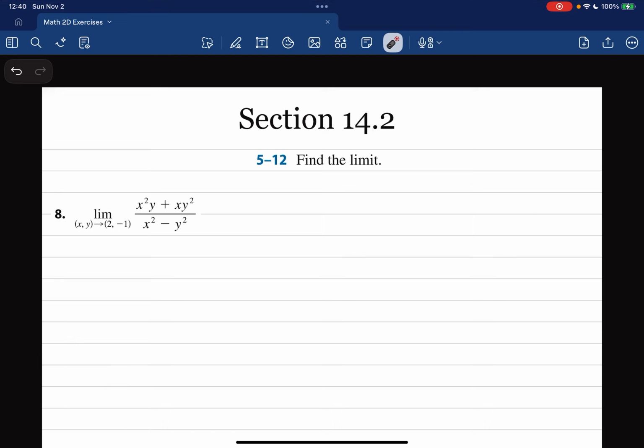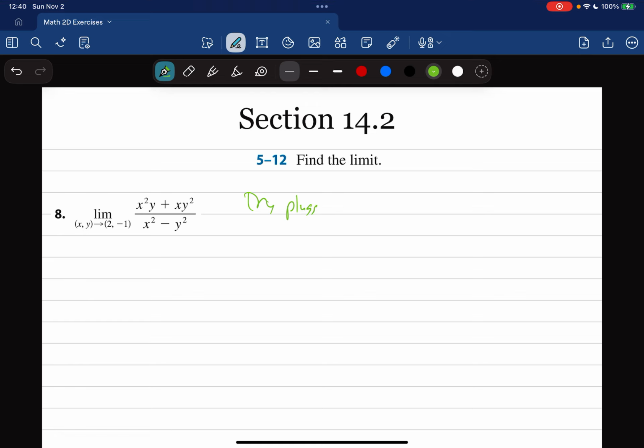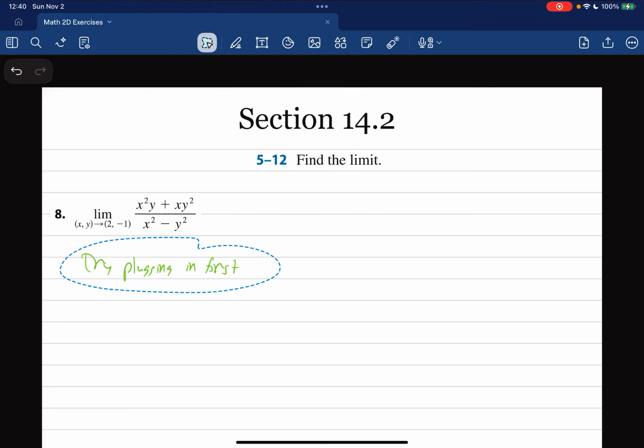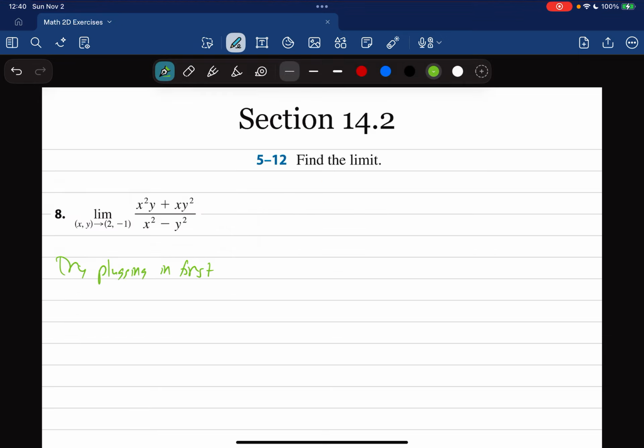And to save ourselves a lot of effort, one thing we could try, as with any limit, is just plug in. So I'll write this in green. So we're going to try plugging in first.